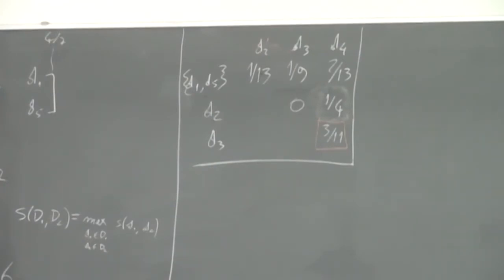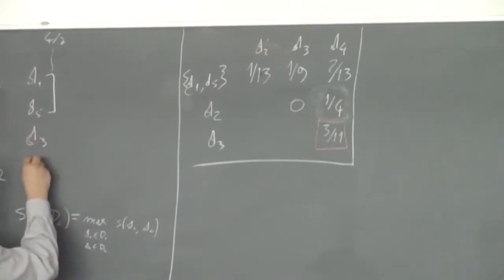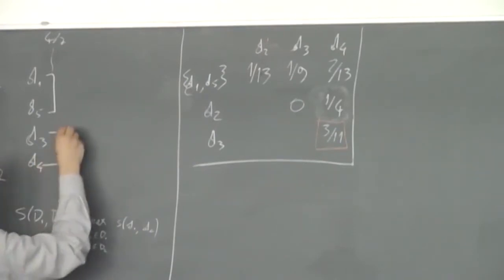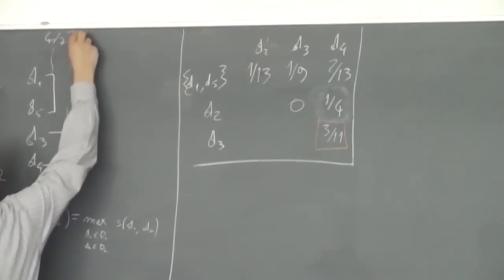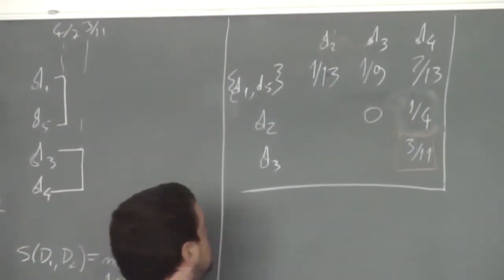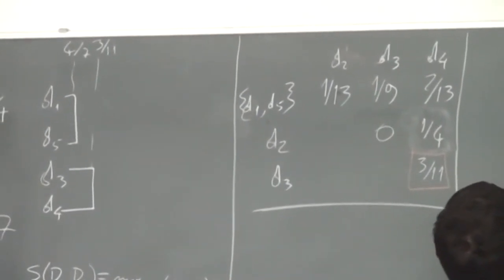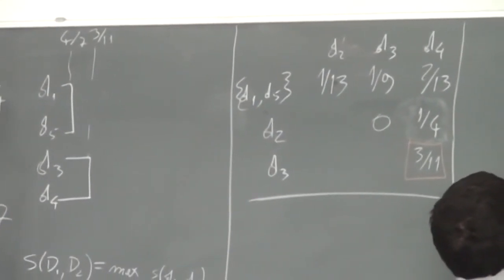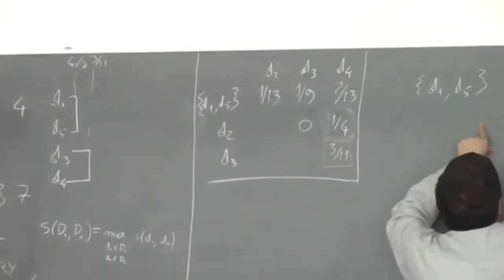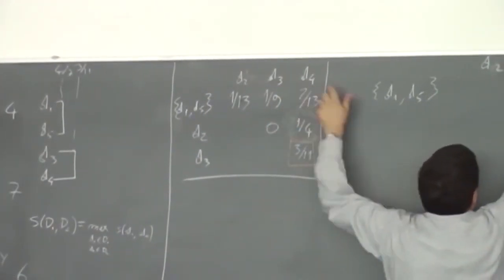So the next merge will be between D3 and D4 at the similarity level of 3 over 11. So now we can rewrite the table by taking the previous table and merging together D3 and D4.